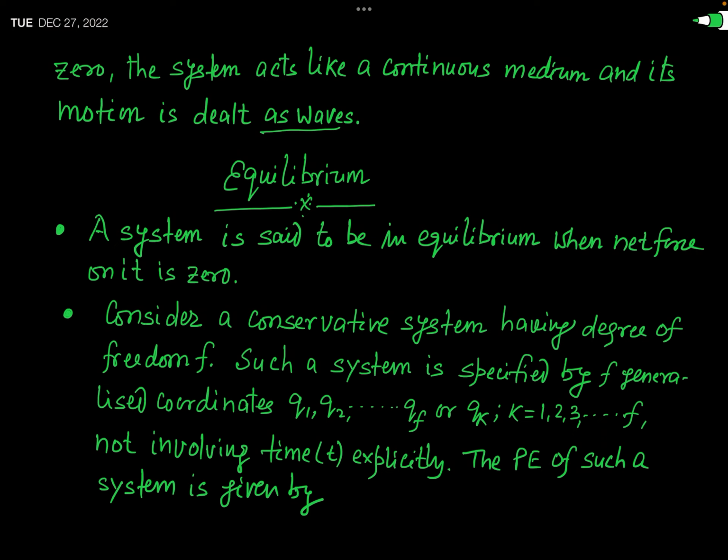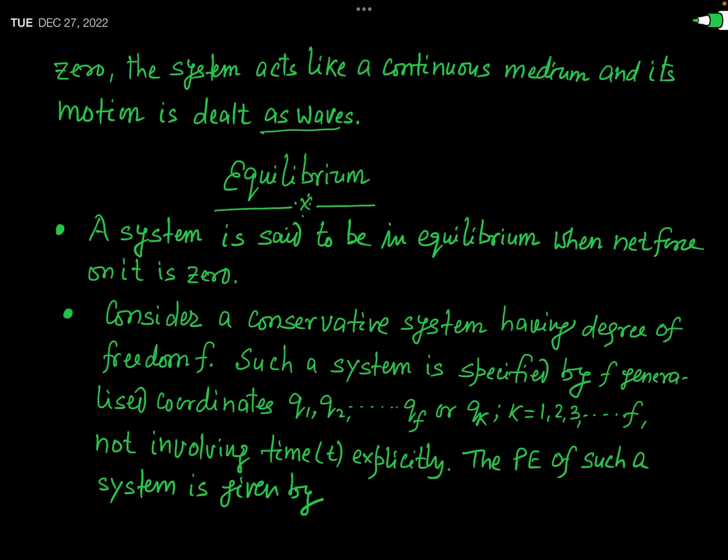The potential energy of such a system depends on the configuration of the system, and the configuration is described in terms of the generalized coordinates. So you can definitely say that the potential energy of such a conservative system will be just a function of these generalized coordinates. You can write that the potential energy function of this conservative system is V of q1, q2, and so on up to qf.